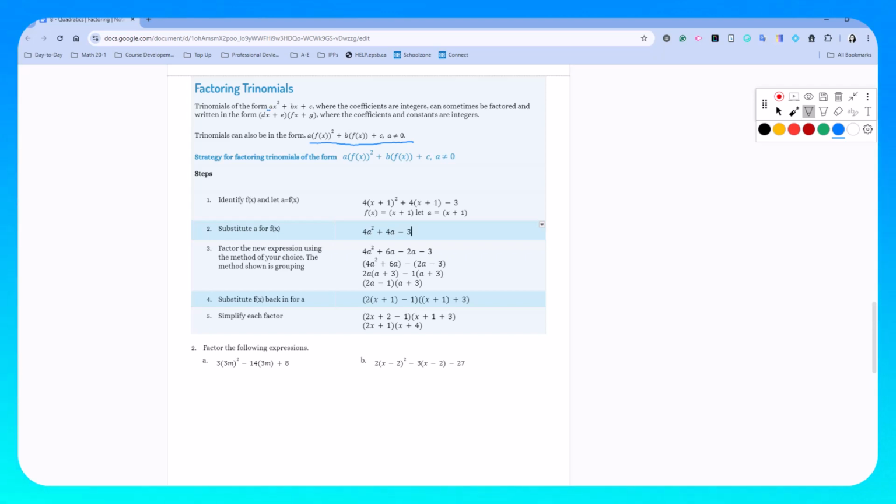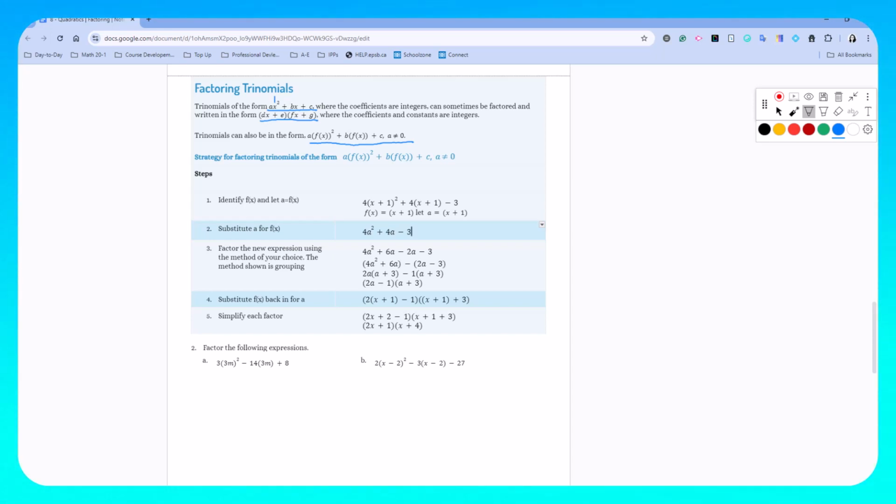And this comes from this type of trinomial right here, which can sometimes be factored as dx plus e times f of x plus g. We did some examples of this in a few lessons before when we were factoring using the x method. Even though a trinomial has an f of x here rather than the variable x, we can still use this substitution method to factor.